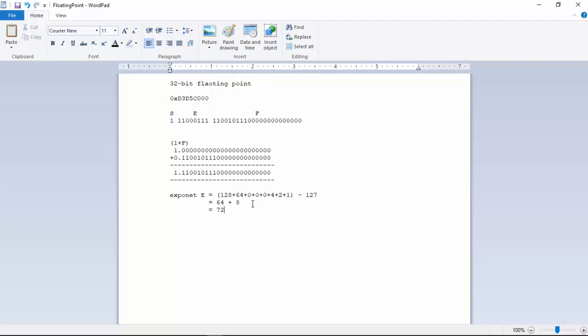So what it means is really that this representation is telling me it is a negative number, and then you shift the floating point 72 times, which becomes 1, it will consume all these 23 bits in binary, right?